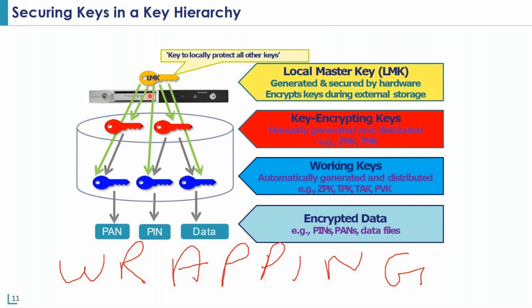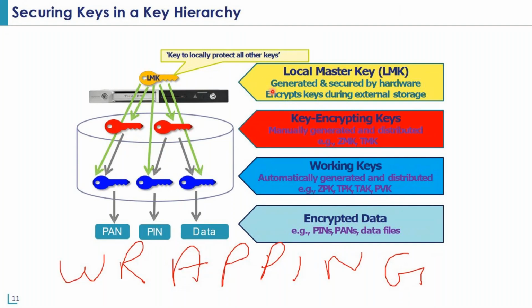So if you have to utilize these keys, you must have access to the local master key. That is, the payment application must have access to the PayShield 10K. This process is key wrapping. You have your local master key residing inside your PayShield 10K, and all of your other keys are encrypted with the local master key.